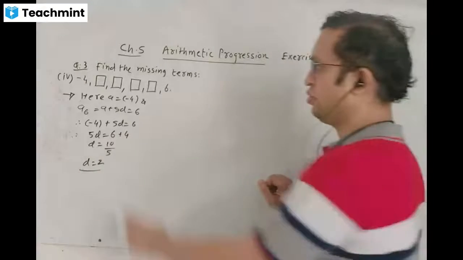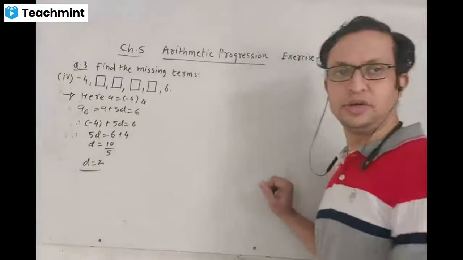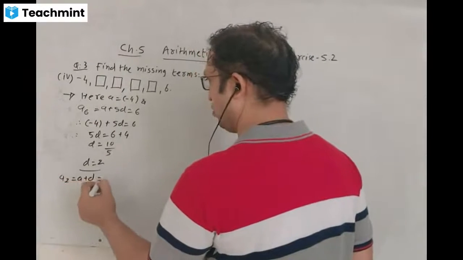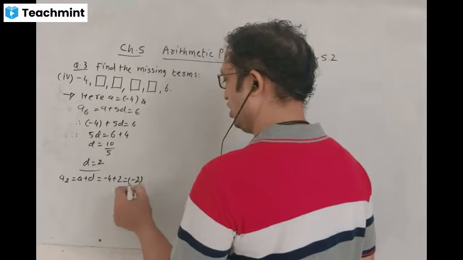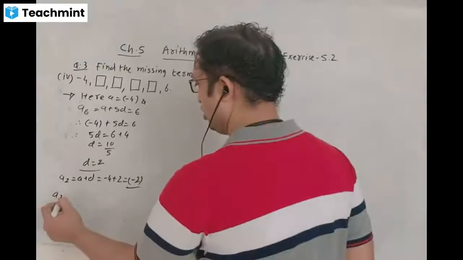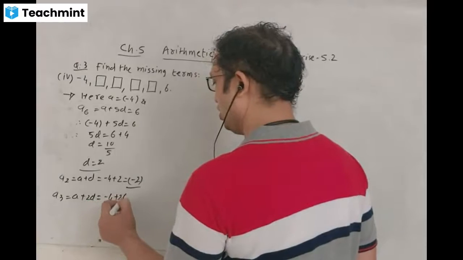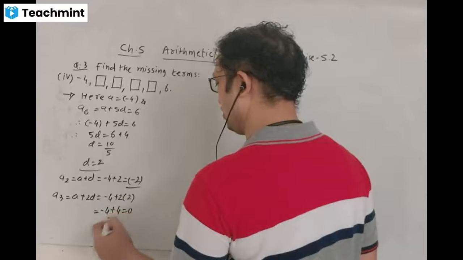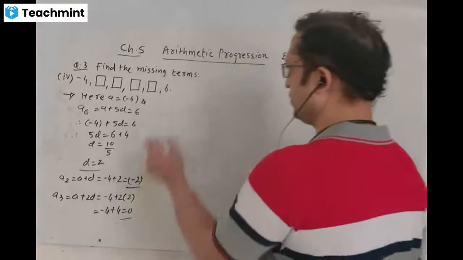Okay. Find the second term, third term, fourth term, and fifth term. Second term is a2, and a2 is equal to a plus d. a is equal to minus 4 plus 2, that is equal to minus 2. Therefore, the second term is minus 2. Similarly, for a3, a plus 2d, a is equal to minus 4, 2 into 2, that is minus 4 plus 4, that is equal to 0. Third term is 0.